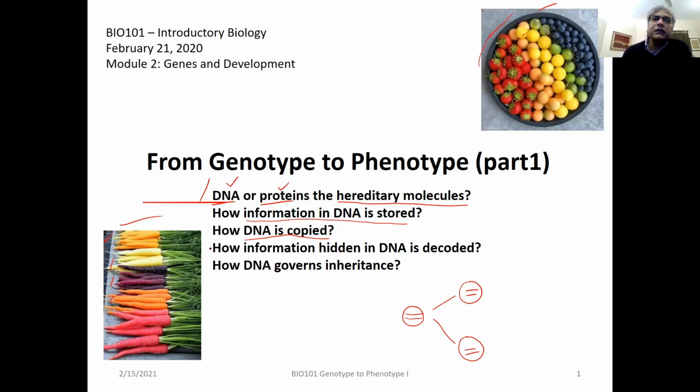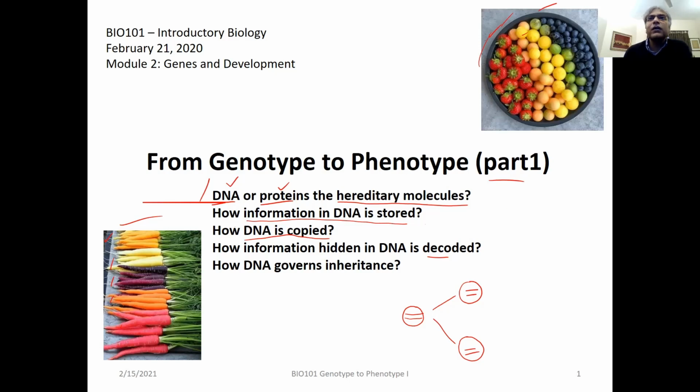And then in the next lecture, which will be the second part, we are going to learn how the information encoded within the DNA is decoded. How the DNA, which is just 4 alphabets A, T, C, G, in apparently random orders, makes a specific code which gets decoded in the form of messenger RNA, then a protein.